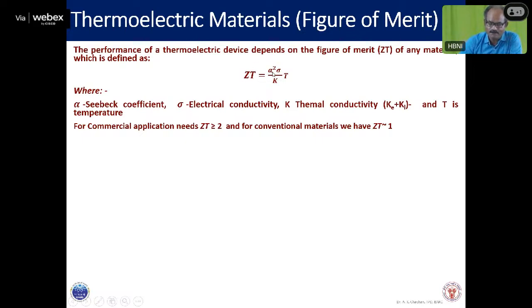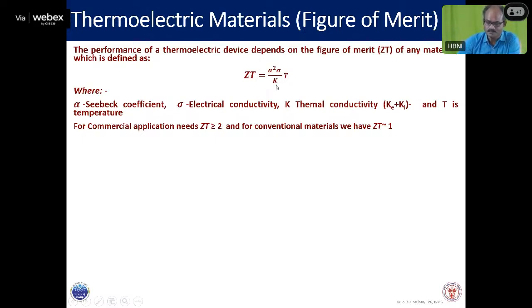And we define it as alpha squared sigma divided by K, multiplied by T, where T is absolute temperature, alpha is the Seebeck coefficient, sigma is electrical conductivity, and K is thermal conductivity. Thermal conductivity has two components: one is the electronic component and another is the lattice component.